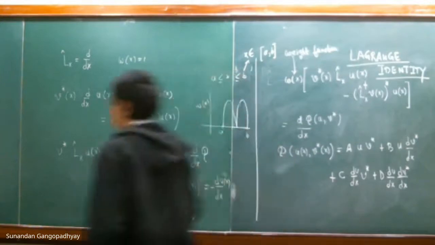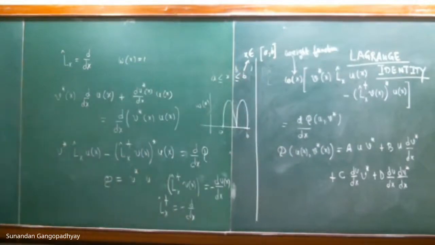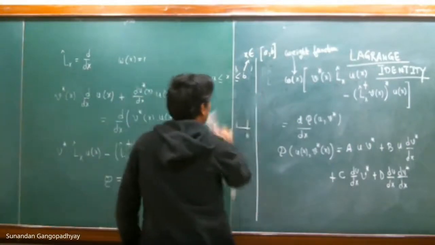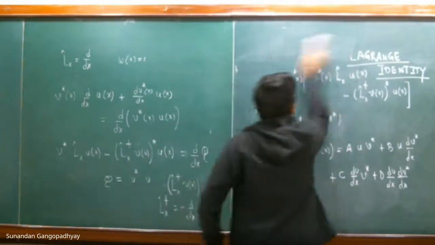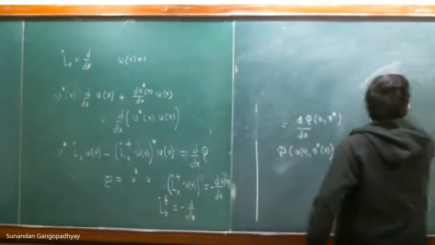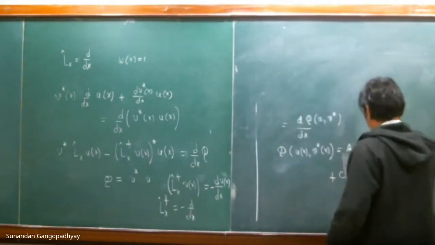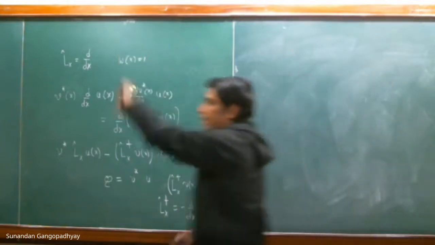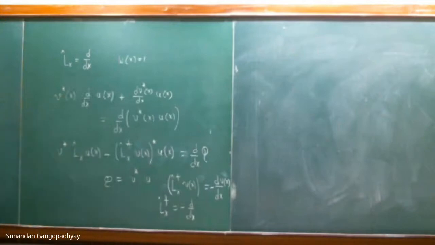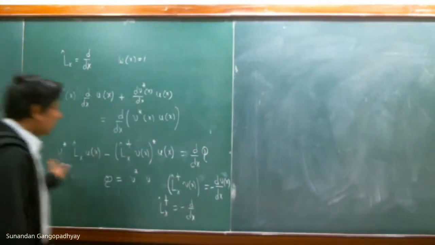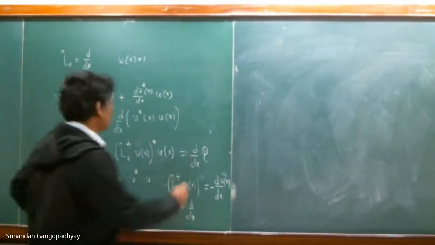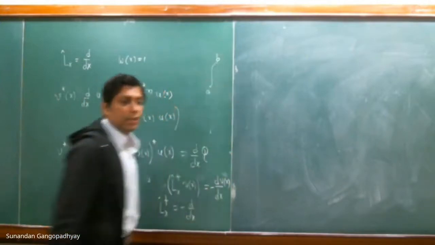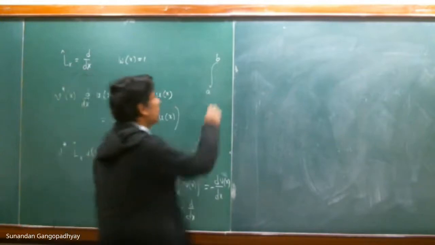Now, if you have understood how to evaluate the adjoint operator given a differential operator, we will do something known as the Green's identity, which follows from the Lagrange identity in a very simple way. So this is your Lagrange identity. Now just integrate this over the closed interval.